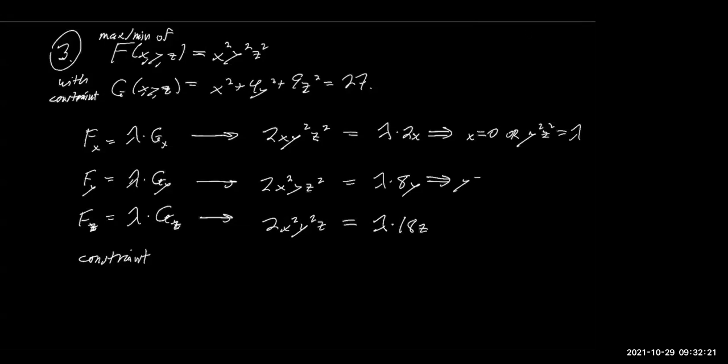This is y equals 0, or x squared z squared equals lambda. And this is z equals 0, or x squared y squared equals lambda.